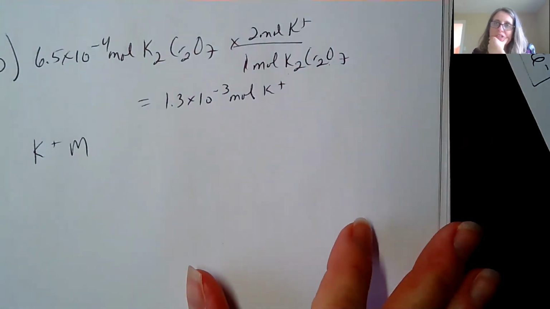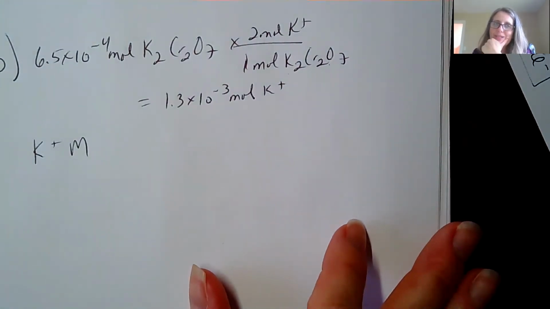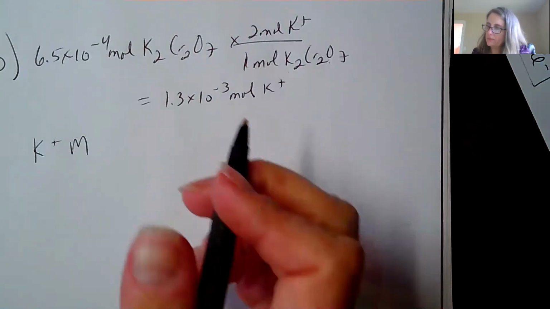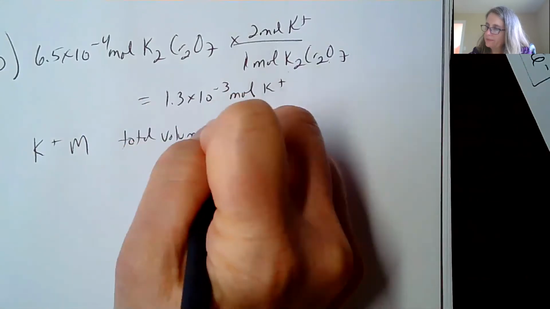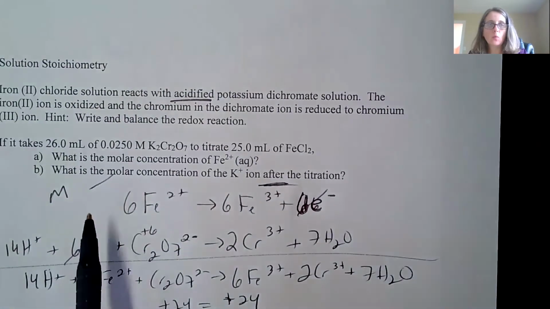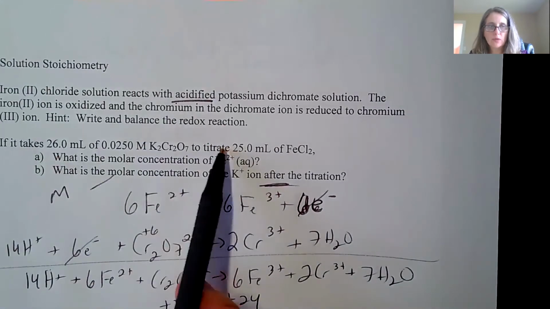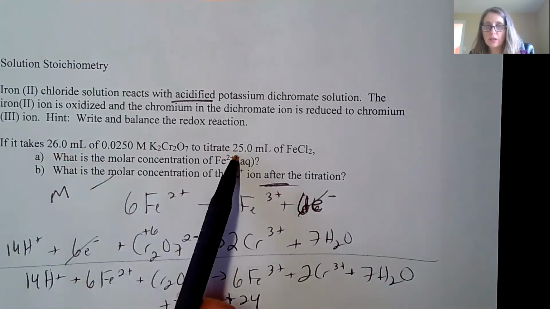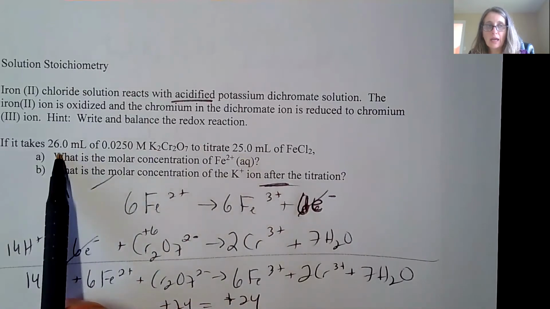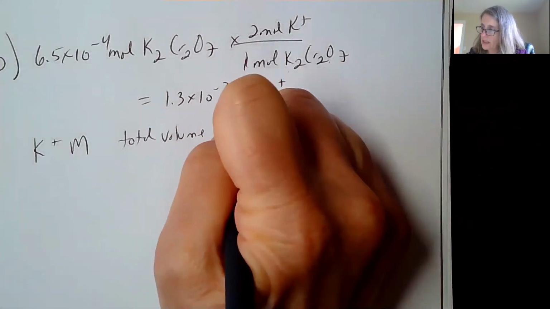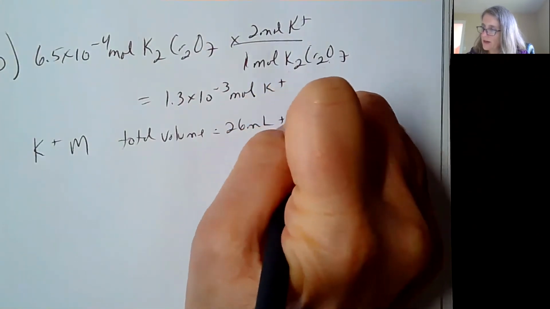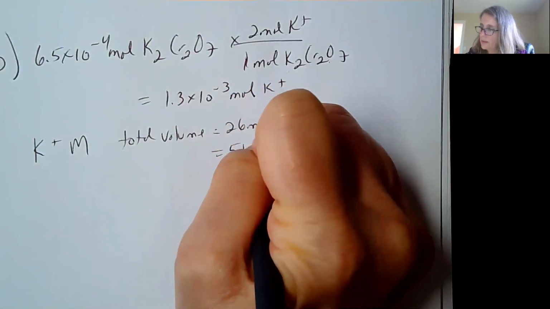Okay, so this is after the titration. We have a new volume now because with the titration, I'm adding one solution to the other. So that means I started with 25 and 26 was added. So I'm going to take 26 mL plus 25 mL, and that's 51 mL.